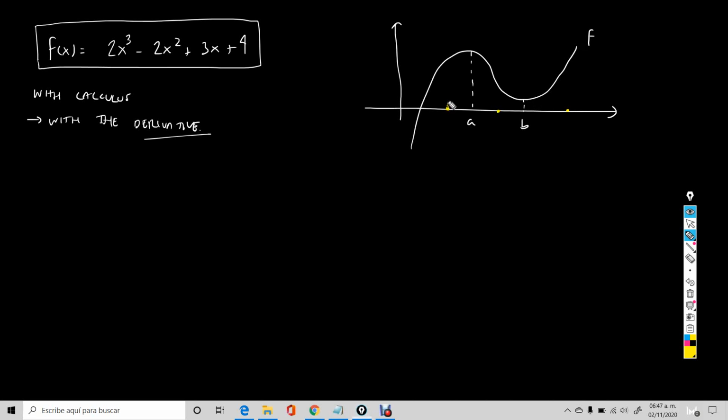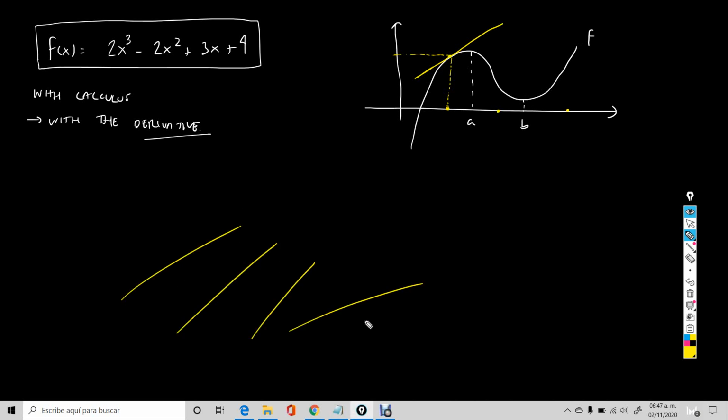If you calculate the slope, basically if you draw the tangent to the graph of f at this point, you will see that the tangent has a positive slope. Remember that lines that look like this all have positive slopes, and lines tilted in this direction have negative slopes.